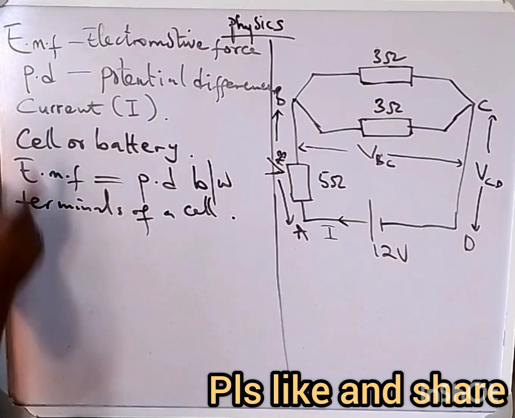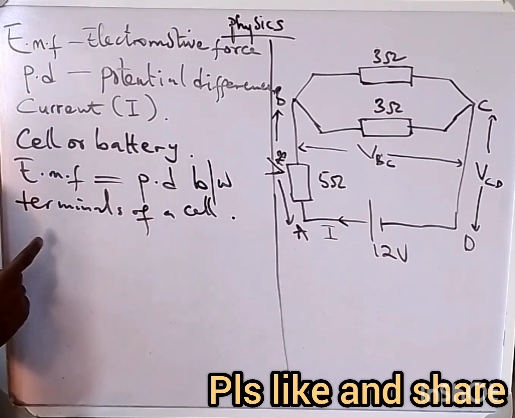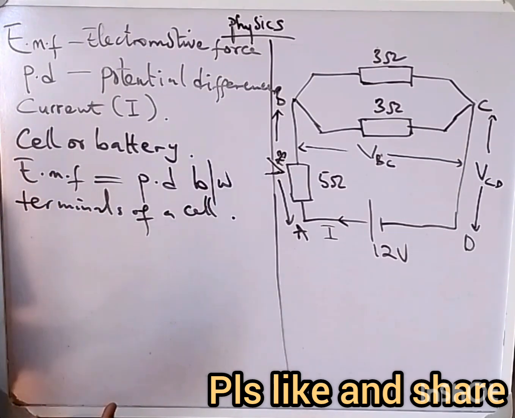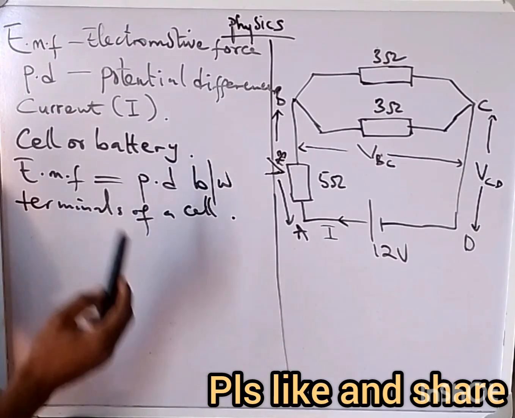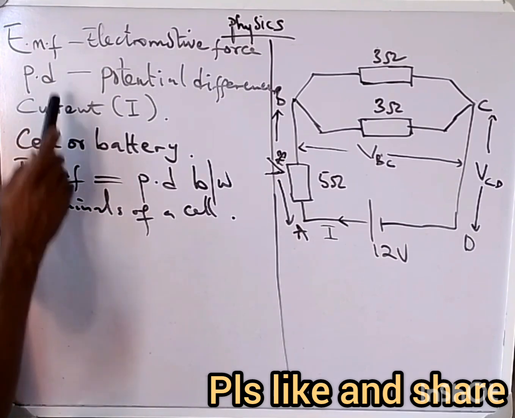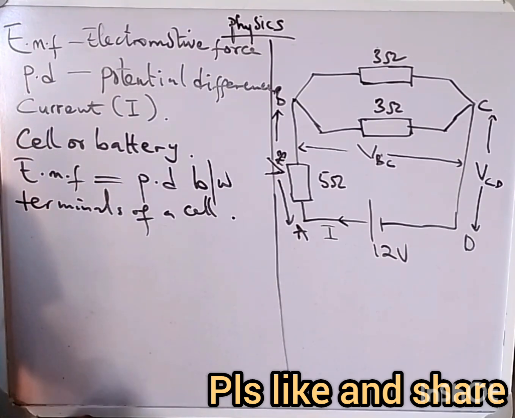Another way you can define EMF, you can define electromotive force as the work done in taking a unit charge of 1 coulomb around an electric circuit. Okay, let us go to potential difference. Maybe from there you can understand it better.